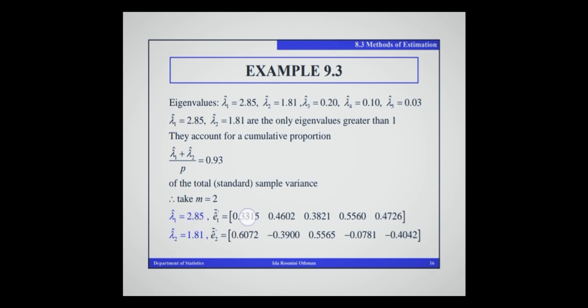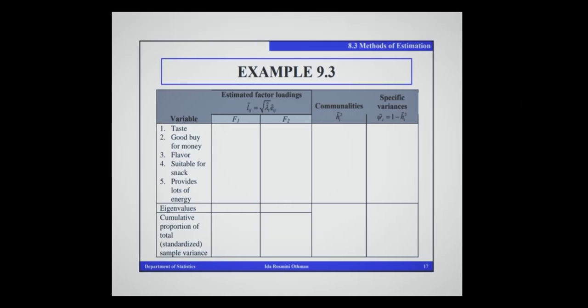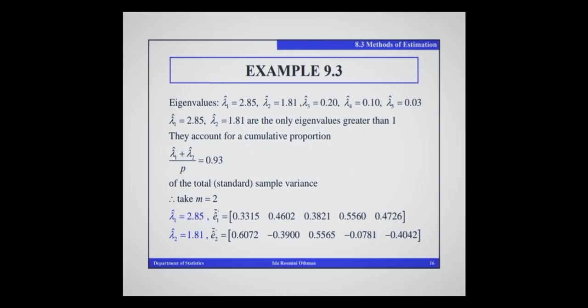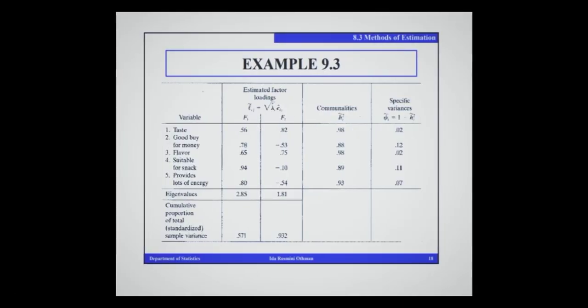Ini untuk variable pertama, untuk first factor. Okay. Dan macam mana dapat pula 0.78? Second variable, first factor. So square root of 2.85 multiply 0.4602. You akan dapat the factor loading. So do the same for the other factor loadings. Okay, bila you total up this column, you akan dapat the eigenvalues balik.